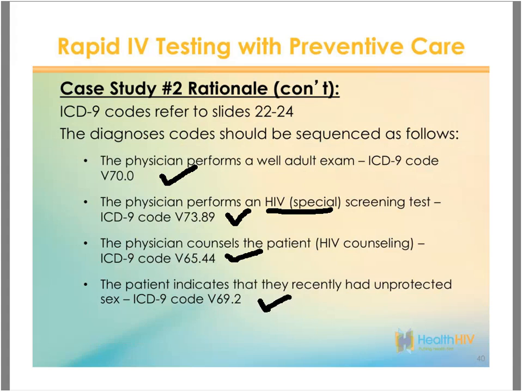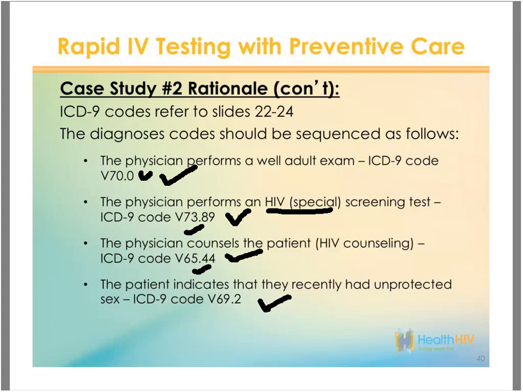So again, the first three codes, V70.0, V73.89, and V65.44, should definitively be on this encounter. The V69.2 is optional. It's more for statistical purposes.